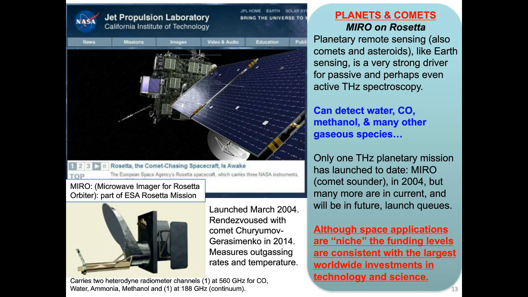And a lot of, again, interesting information about comet chemistry as well as evolution and formation of comets can come out of these kinds of measurements.